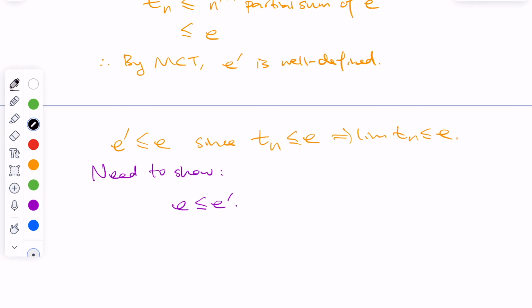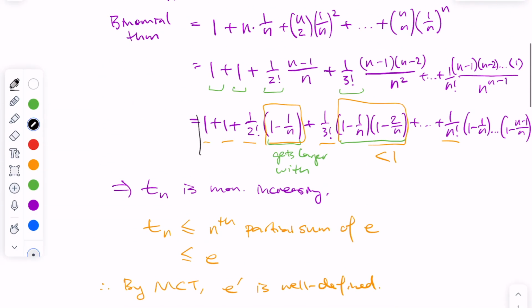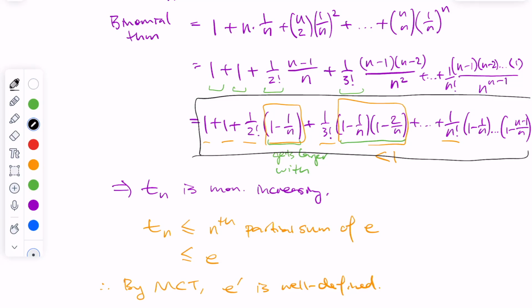For this, we're going to use a limiting argument. So we're going to take the expression for Tn here, but we're going to cut it off at a certain point. So this expression goes up from 1 up to 1 over n factorial. But instead of n factorial, we're going to cut it off at m factorial for some m less than or equal to n.